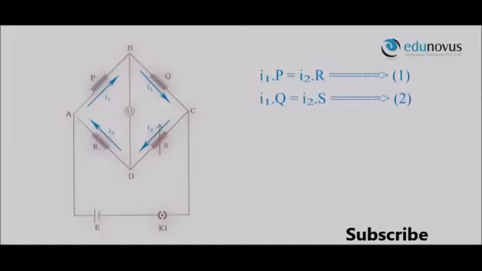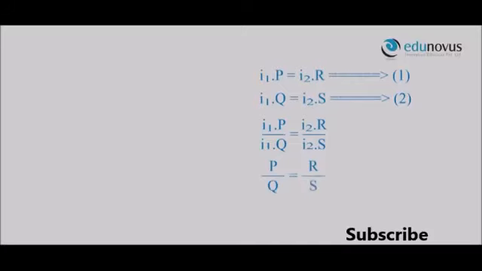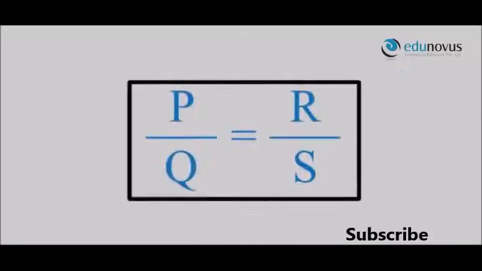By dividing equation 1 by 2, we get I1 into P by I1 into Q is equal to I2 into R by I2 into S. That is, P by Q is equal to R by S. So, when the Wheatstone bridge is balanced, we have P by Q is equal to R by S.